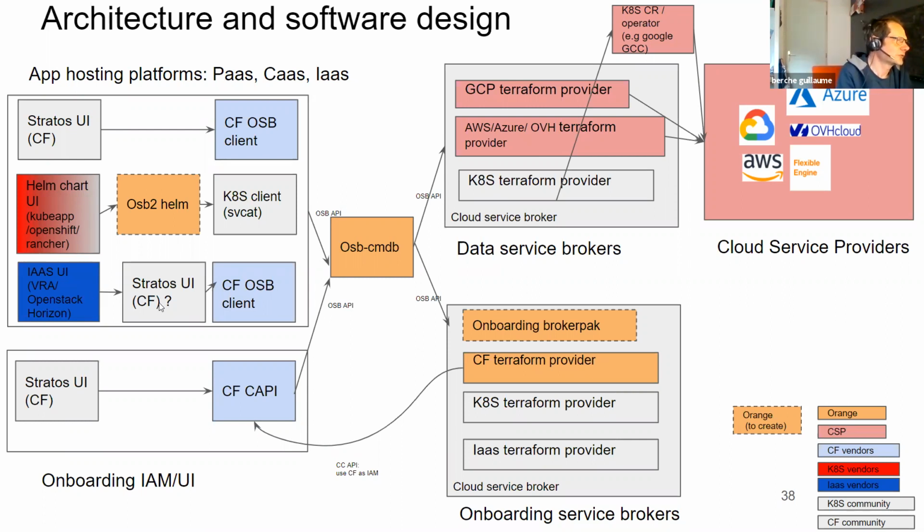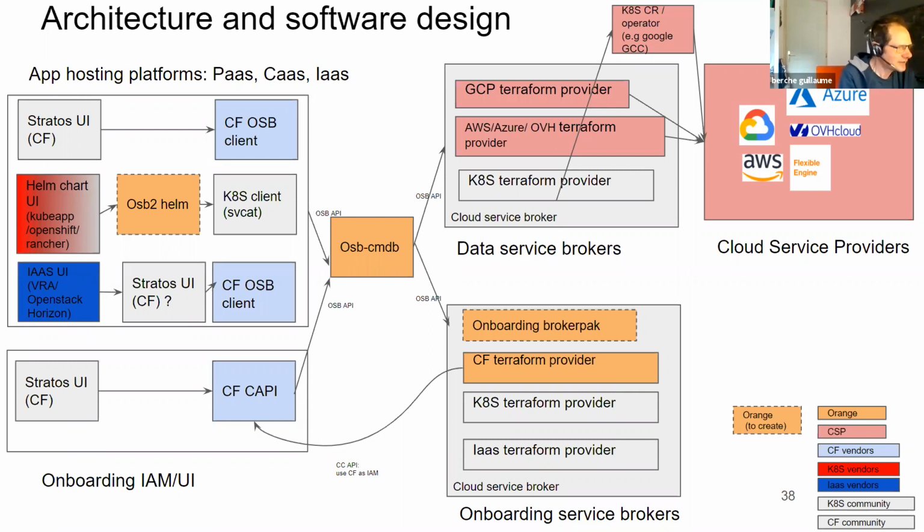So we are considering, for example, using Stratos UI for having them consume the Cloud Foundry marketplace. We're also considering generating automatically, in the same way as Osb-to-helm, vRA tiles and maybe an OpenStack Horizon UI, for having native marketplace consumption in vRA and in OpenStack.